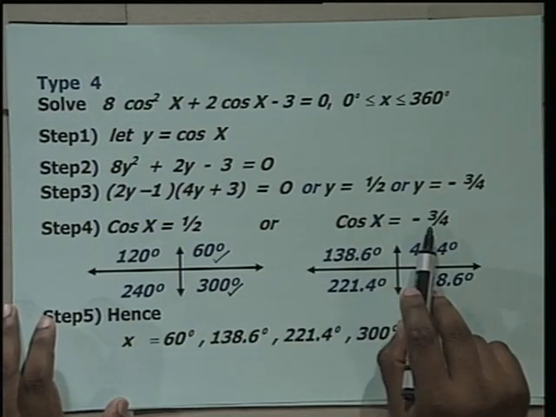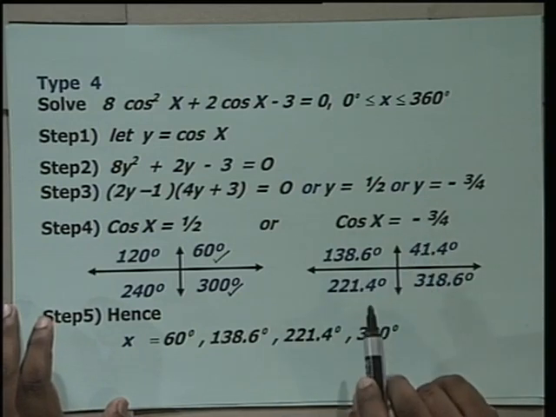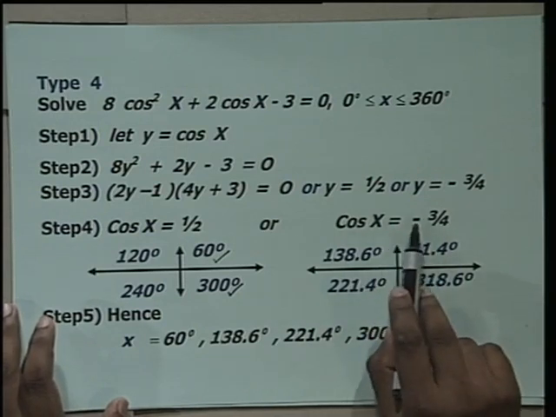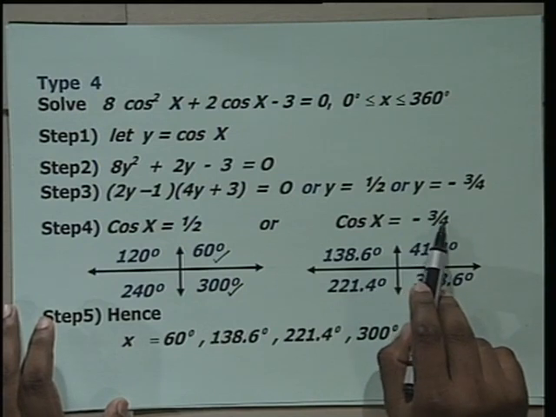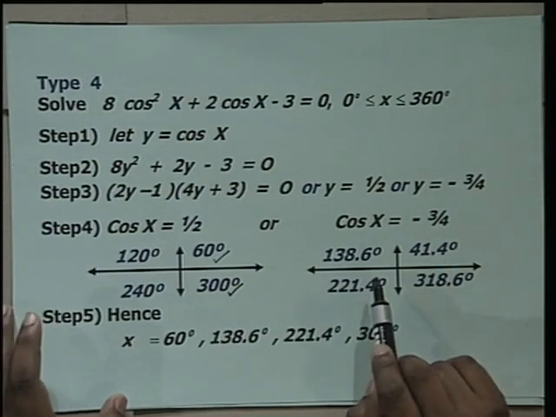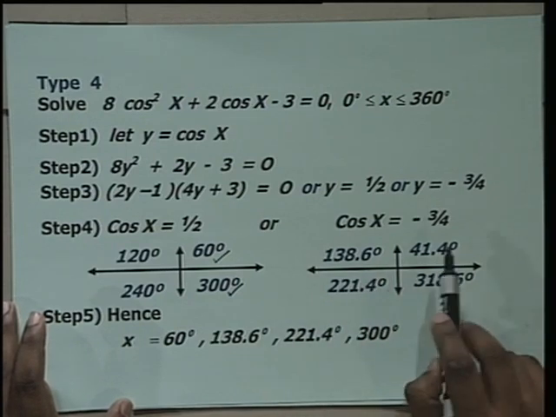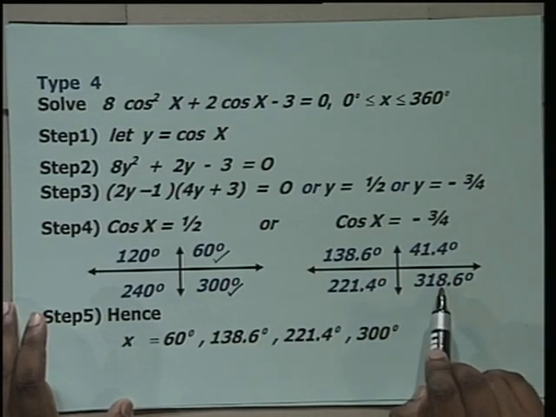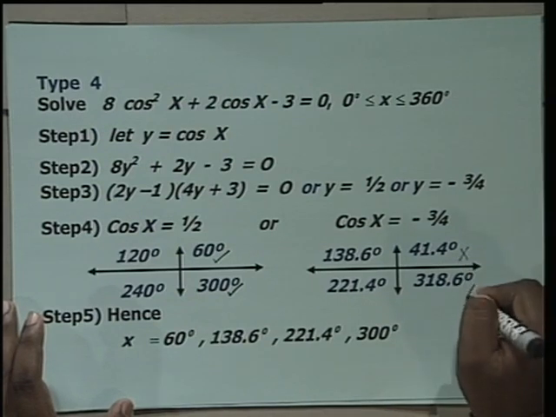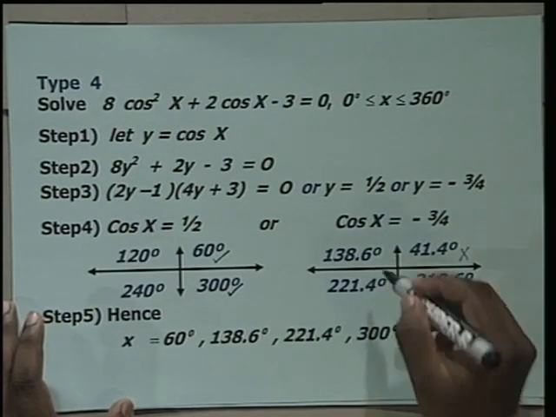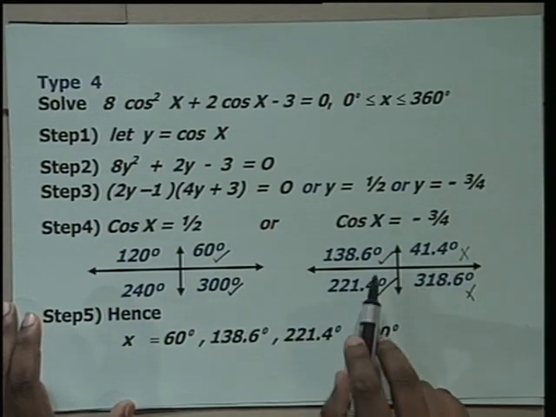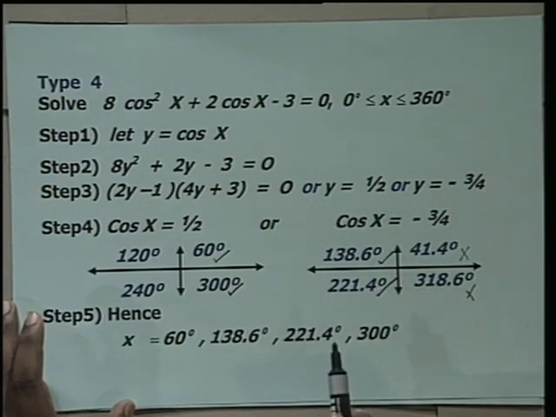But cos x is negative. We are looking for cos inverse of minus 3/4. Therefore, we'll choose angles in the quadrants in which cos is negative. We know that cos is positive in first and fourth, so we'll discard them. Cos is negative in second and third, so we are going to take angles in the second and third quadrant.